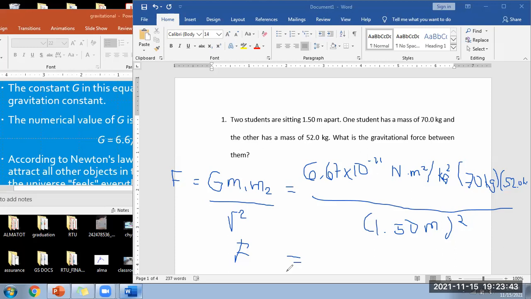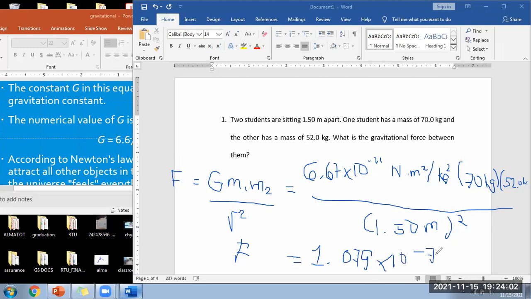So what will be the final answer? So the answer will be 1.079 okay, times 10 raised to negative 7.